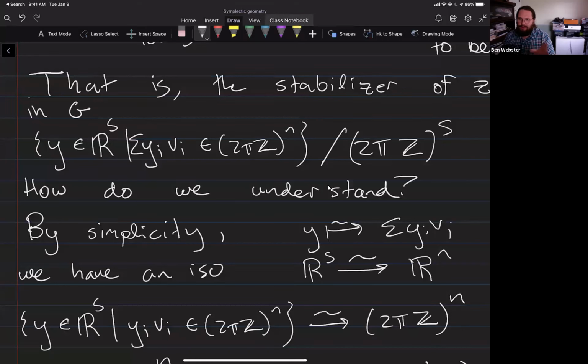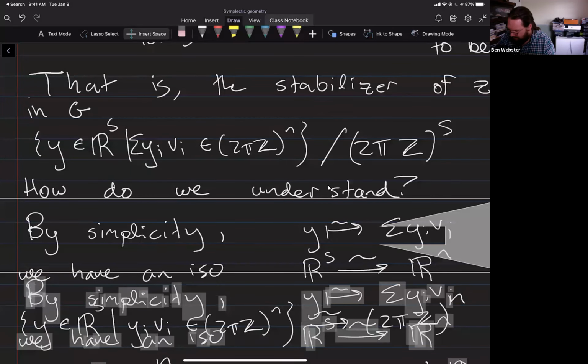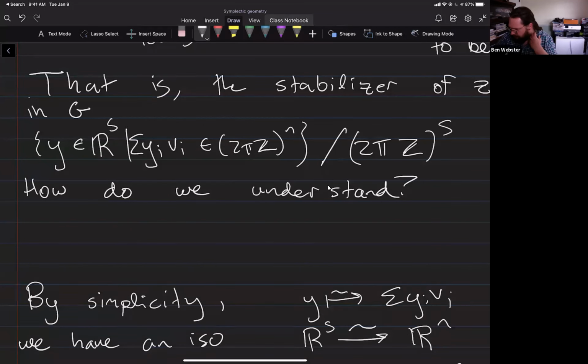Let me, for now, assume that my point is a vertex. I slipped a little bit here. So I should have said something more here.